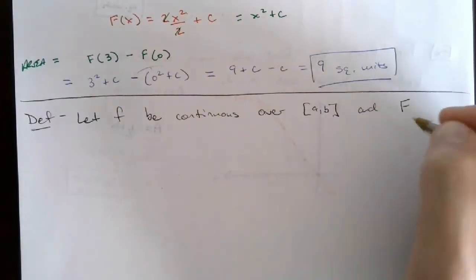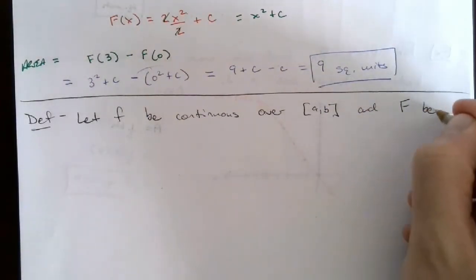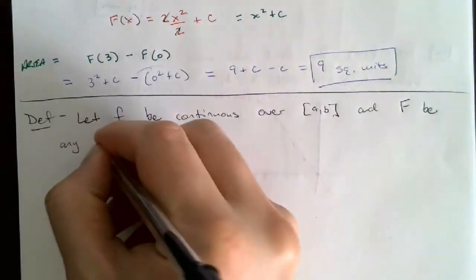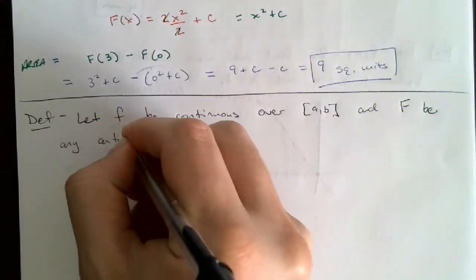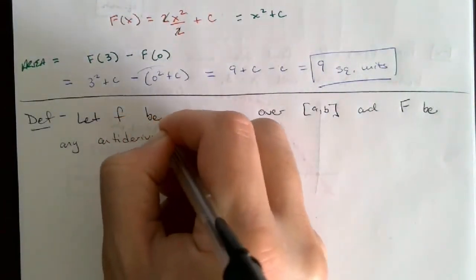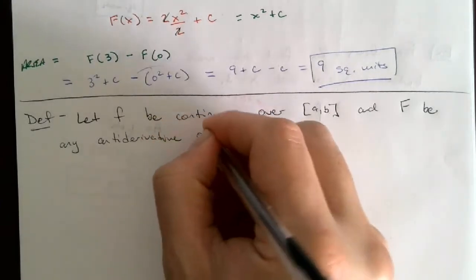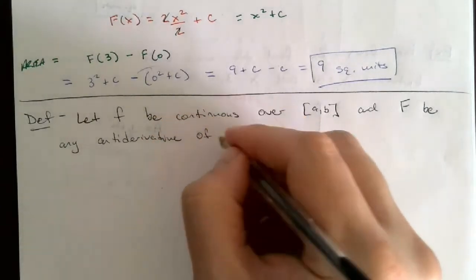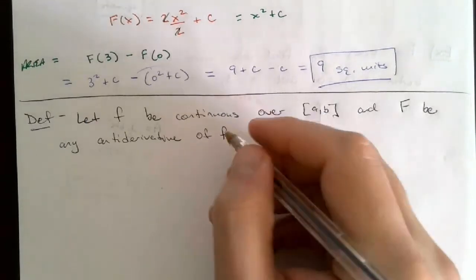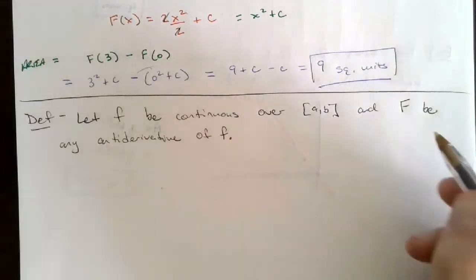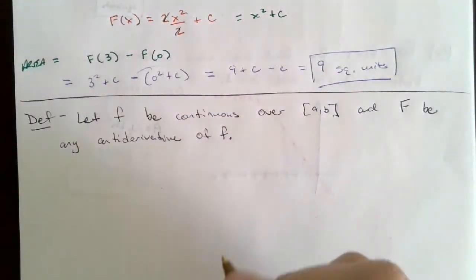and we'll say capital F be any antiderivative of f. Right, so capital F is the antiderivative of f.